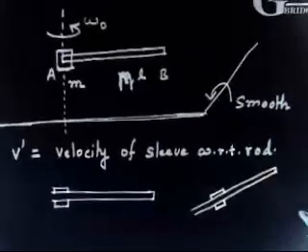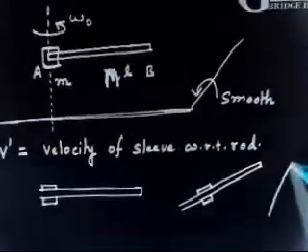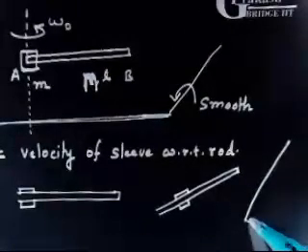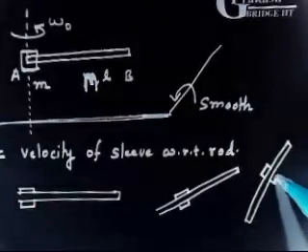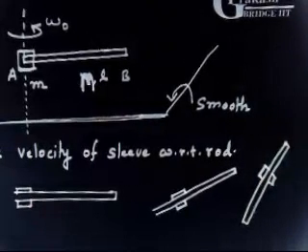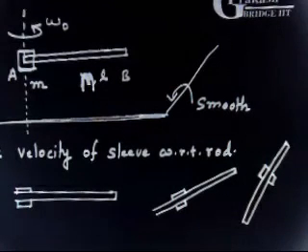After some more time this rod will rotate even more, so you will have something like this, and the sleeve has reached here. After certain time this sleeve will reach the end B. At that point of time we have to find what is the velocity of the sleeve with respect to the rod.